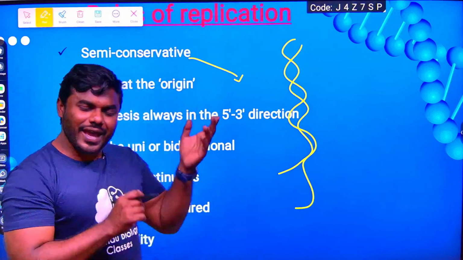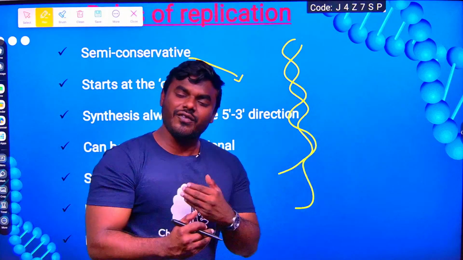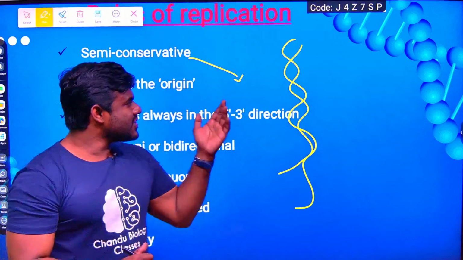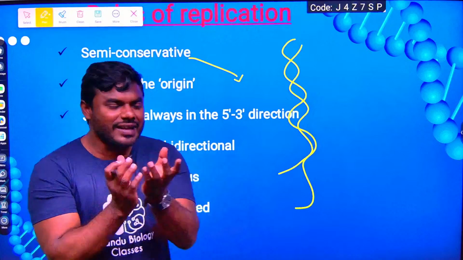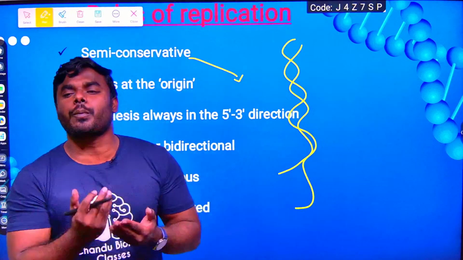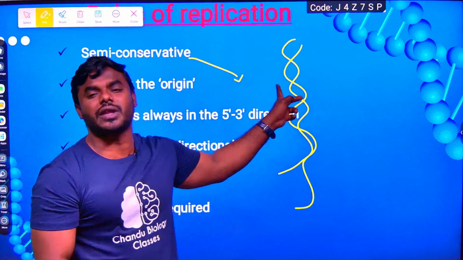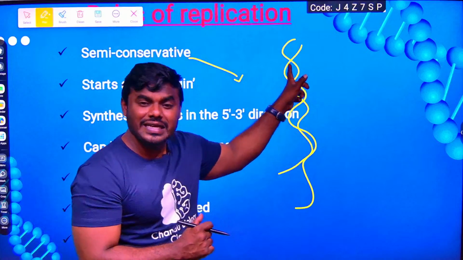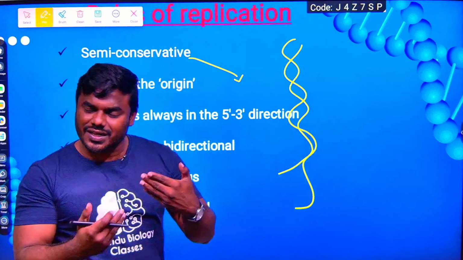They wrote one interesting line there: the structure of the DNA gives a hint, a hint that we can propose a model by which it undergoes replication. So how did they get an idea? By understanding the structure, how the DNA is undergoing replication.